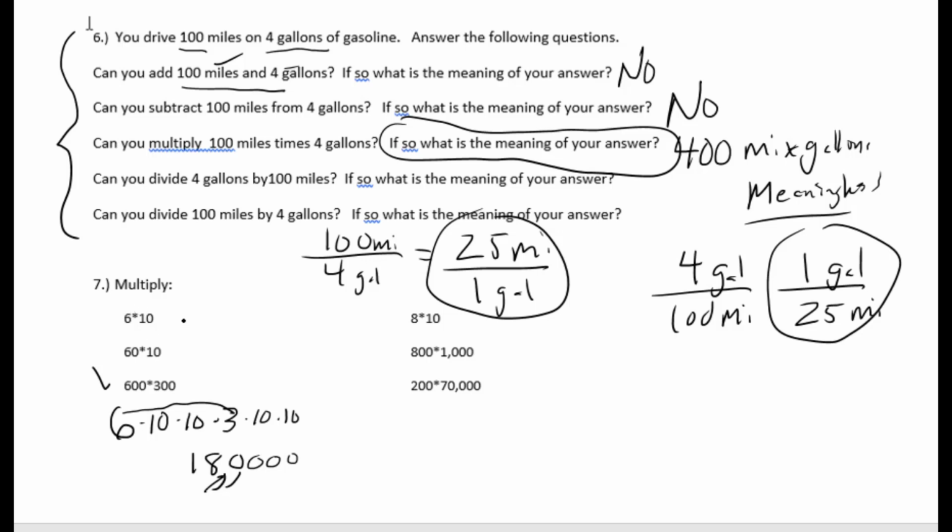Easier way of doing it is just 6 times 1 is 6 followed by 1 0. 6 times 1 is 6 followed by 2 zeros. 80. 8 times 1 is 8 followed by 1, 2, 3, 4, 5 zeros. Go back 3, 800,000. 7 times 2 is 14 followed by 1, 2, 3, 4, 5, 6 zeros. $14 million. So hopefully you can understand how easy this is.